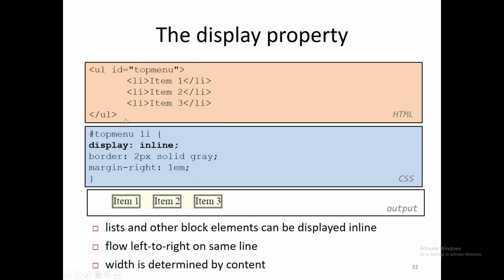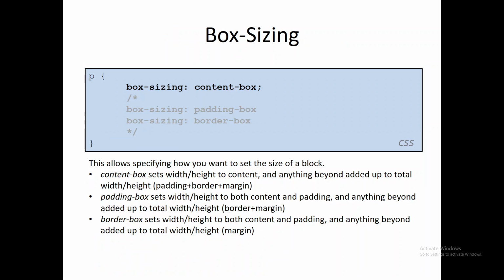So for example, because we know that li's are block elements, if I just want to arrange them in a horizontal way, all I need to do is select this li, and then I can set display inline, and these vertical items will become horizontal. That's how I can arrange them this way. So they will be flowing from left to right.